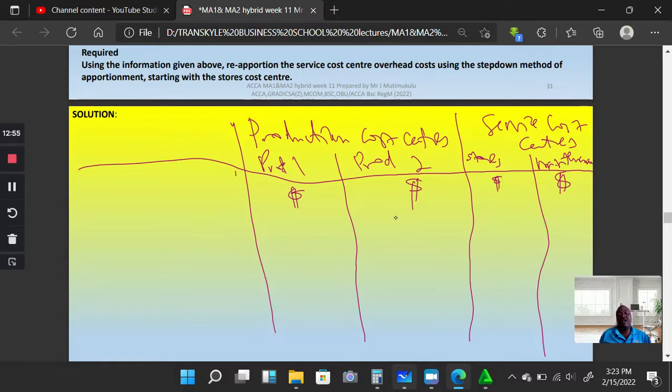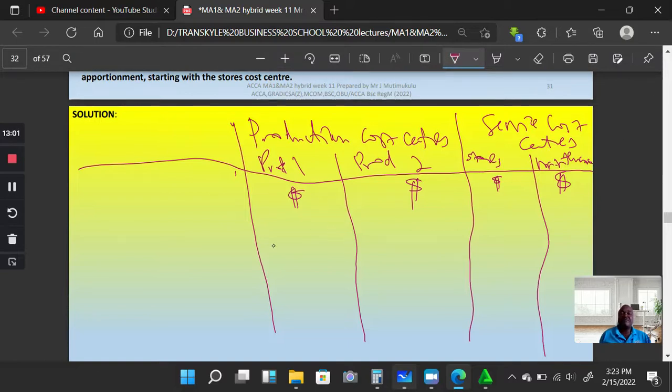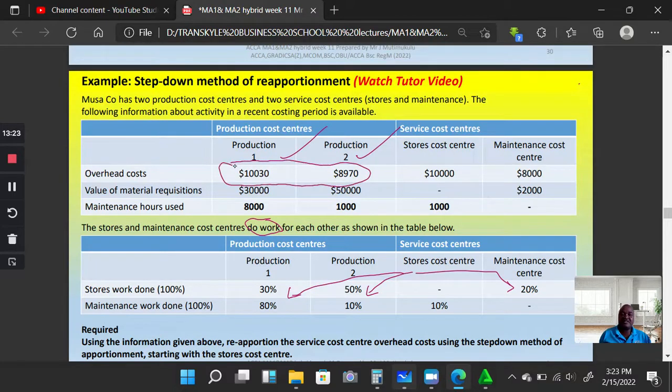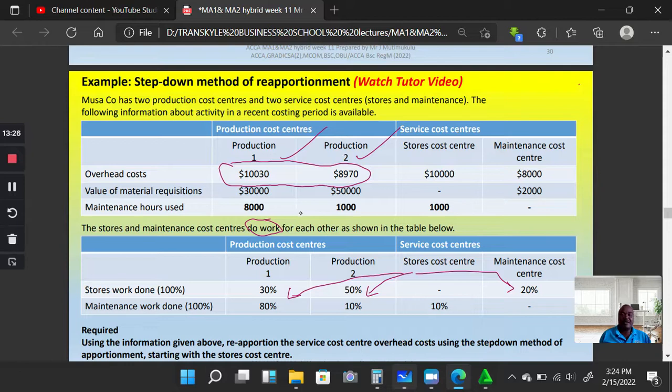Now remember, we want to reapportion the cost of these service cost centers. That's what we have to do. So we're going to take the overhead information as it is for these departments. These ones are going to be taken as they are.